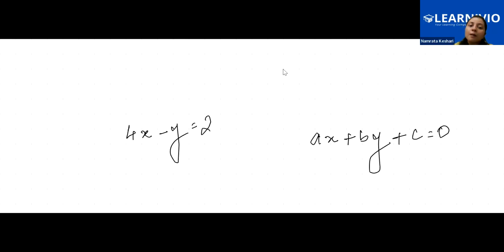So if we have a linear equation in two variables as 4x minus y is equal to 2, and the instruction is to write it in the standard format, we will write 4x minus y minus 2 is equal to 0. Like this we write.